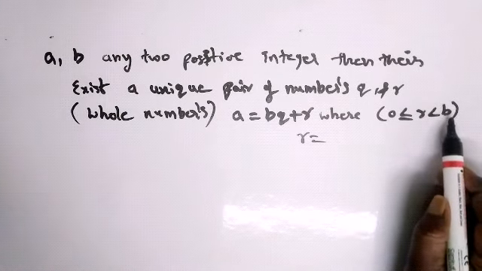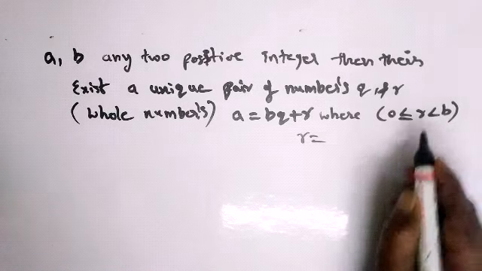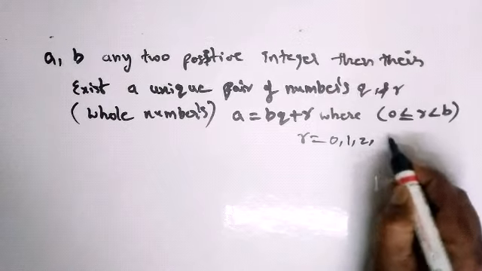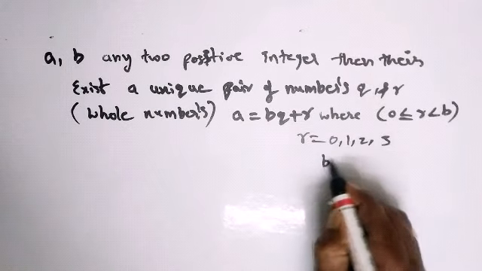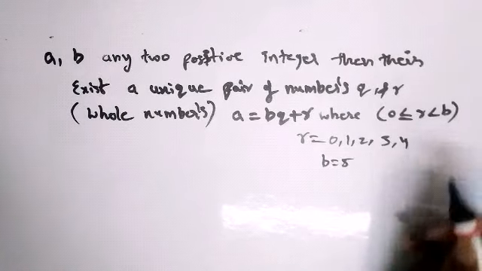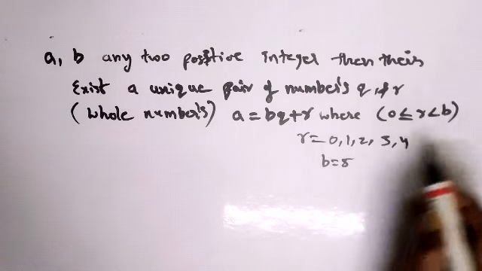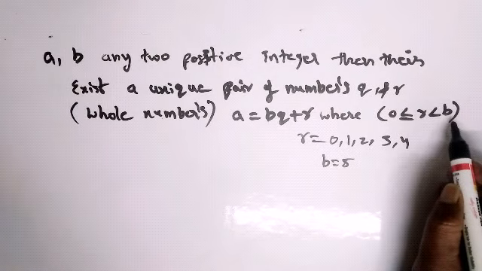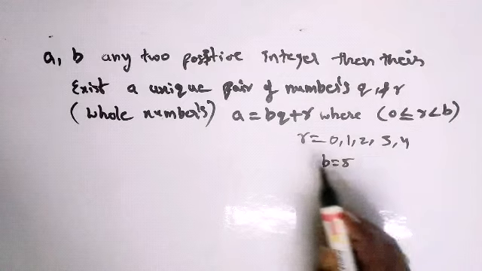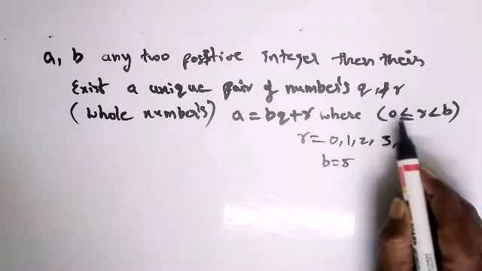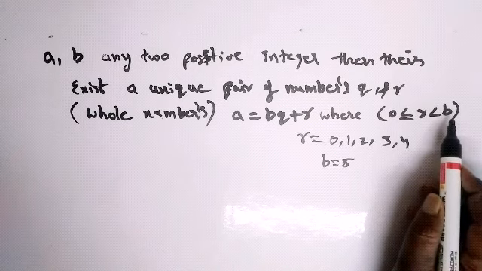Less than b means it should be less than b. So we can take r as 0, 1, 2, 3. Suppose b equals 5, then we take up to 4: r equals 0, 1, 2, 3, 4. So the values of r start from 0 and end at less than b.